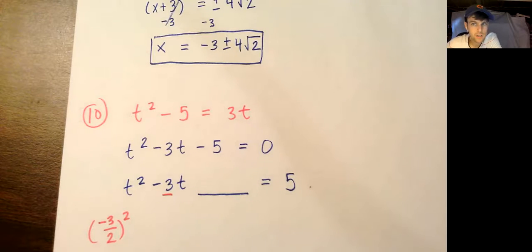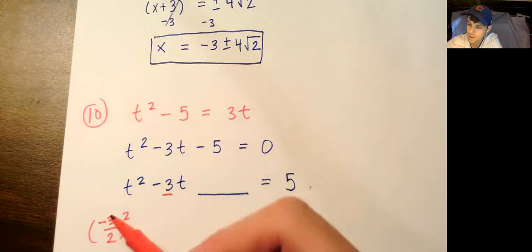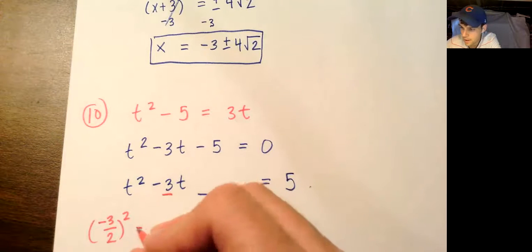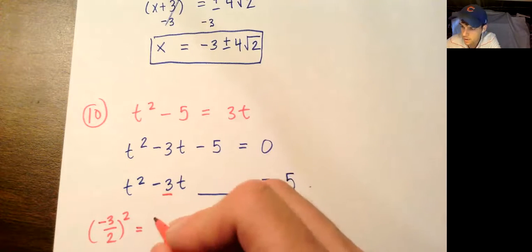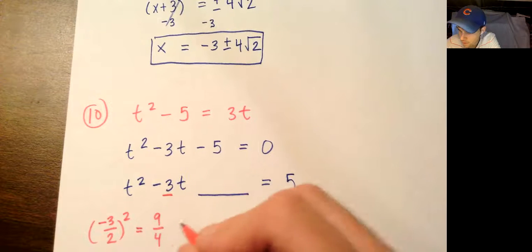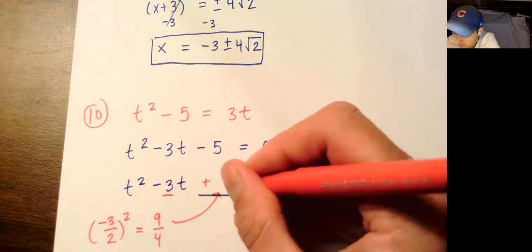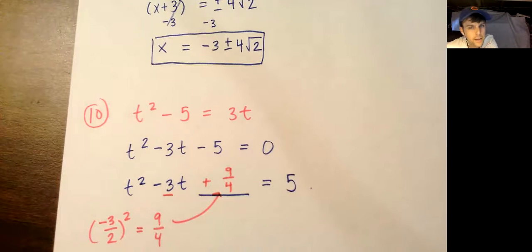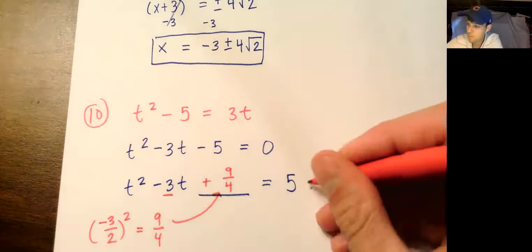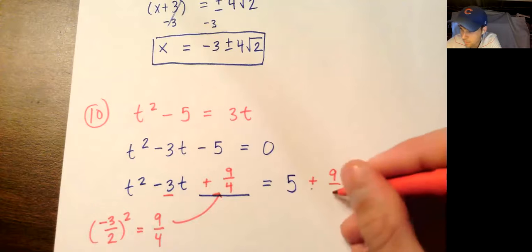That's just going to be generally the process we do with this, because that's going to turn it into a perfect square trinomial. So doing that, we're going to end up getting 9 over 4. So that is what I'm adding to my equation, so plus 9 over 4. But I kind of created that out of nowhere, so in order to keep my equation balanced, got to do it on both sides.